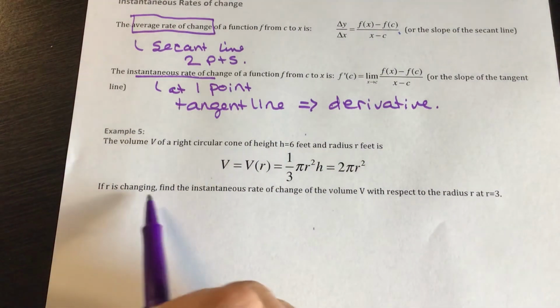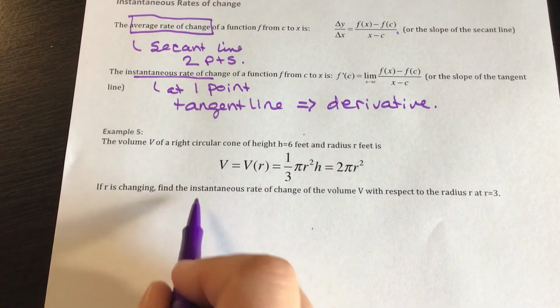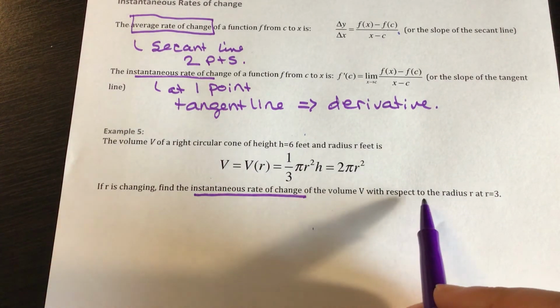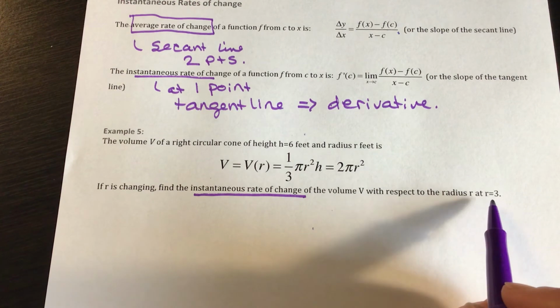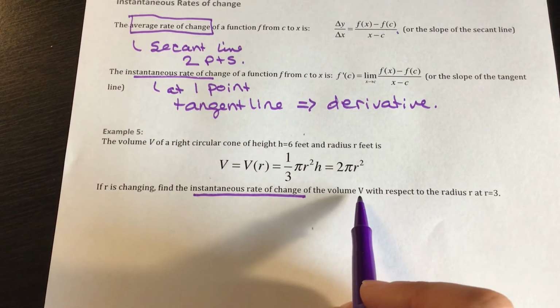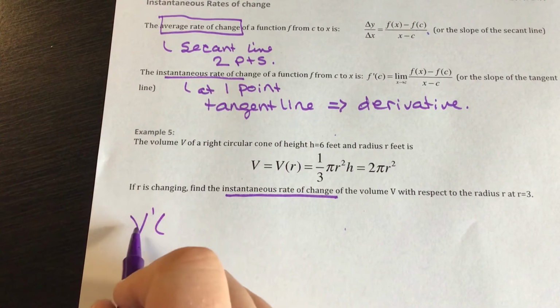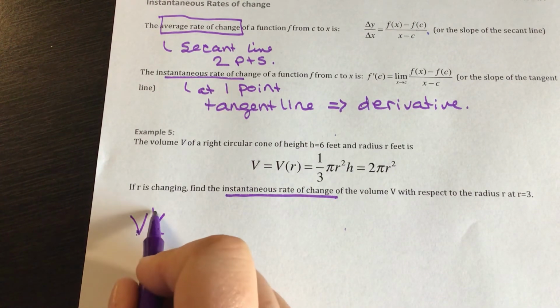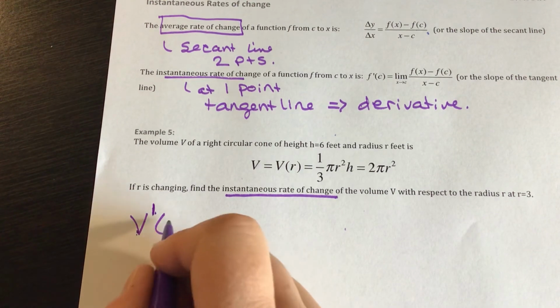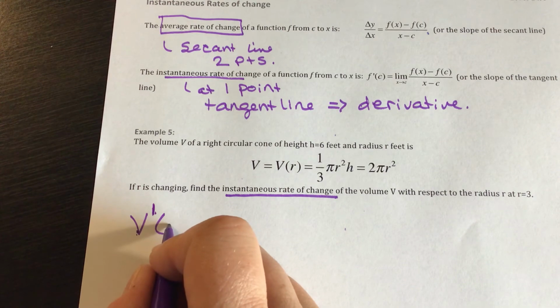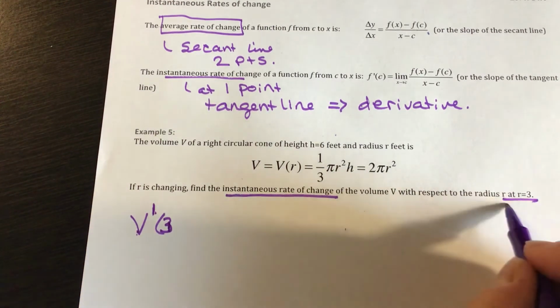It says if r is changing, find the instantaneous rate of change, which is the derivative of the volume with respect to the radius. So the radius changes, how does the volume change? So we want to find the derivative of the volume. Now remember, that's just V prime of the volume at some radius. And here it says the radius is 3.